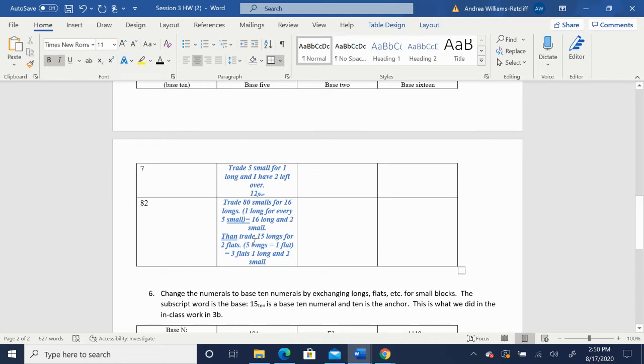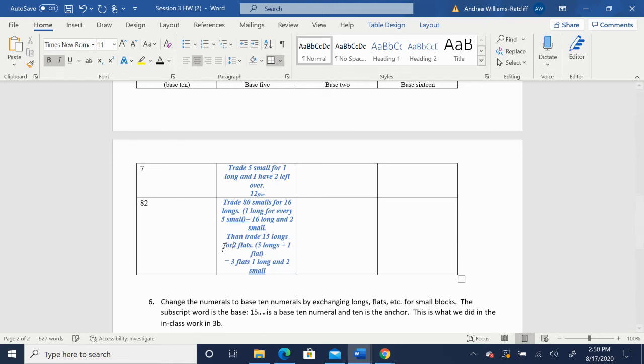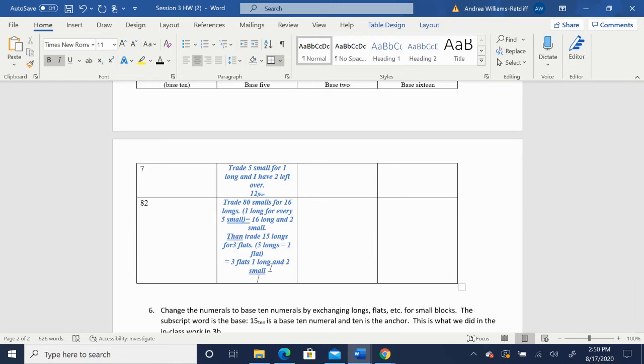Then I traded 15, so 3 sets of 5, for 3 flats. Now with all my trades, I have 3 flats, 1 long, and 2 small. I can't trade anymore because none of these have groups of 5. So the numeral I'm looking for here is 312 in base 5.